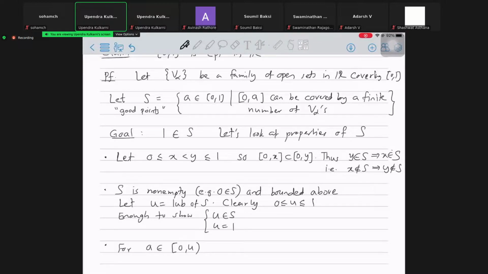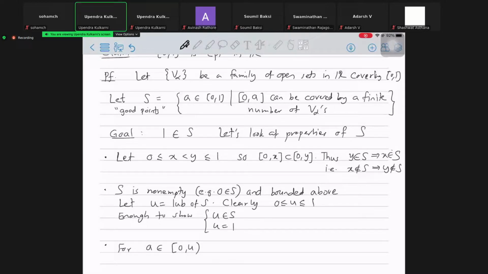So why should any positive number be in S? Again, an easy point, but that needs to be stated. Why should any point other than 0 be in there? There's an open ball at 0, so that contains something.